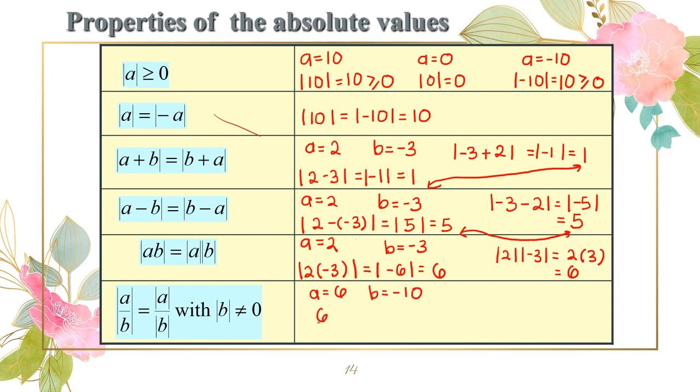So the absolute value of 6 over negative 10: 6 over negative 10 gives us 3 over negative 5, and with the absolute value, it gives us 3 over 5. The same goes if we take the absolute value of each number, which is the absolute value of 6 over the absolute value of negative 10. It will give us 6 over 10, and finally, 3 over 5.